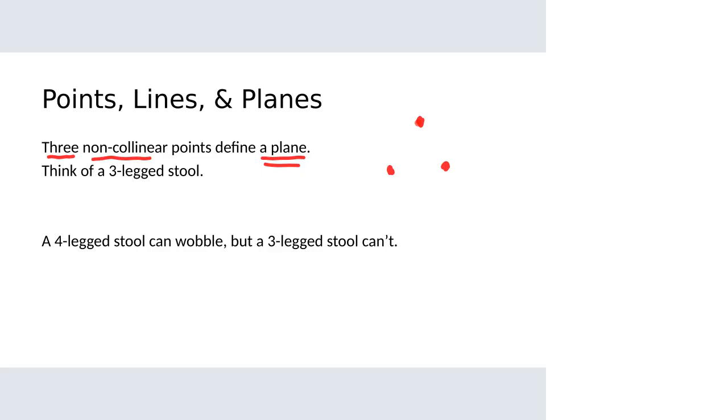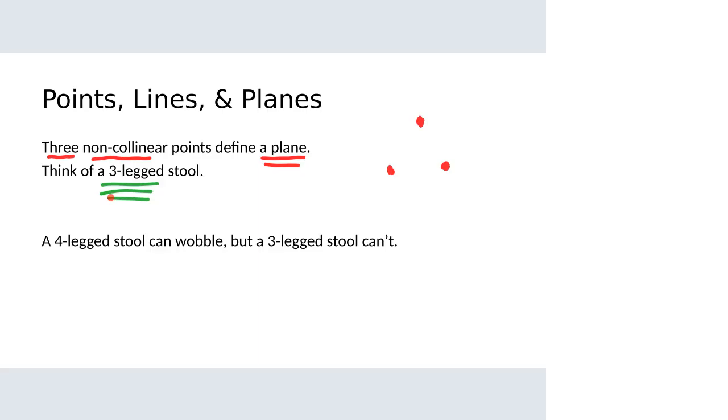And the best way to show this to a kid, if you happen to be studying points, lines, and planes and you want to keep it very visual for a student, is to think of a stool that has 3 legs. When a stool has 3 legs and you put it on the floor, those three legs touch the floor, and that's the plane. If you take away one of the legs, now your stool could rotate back and forth.